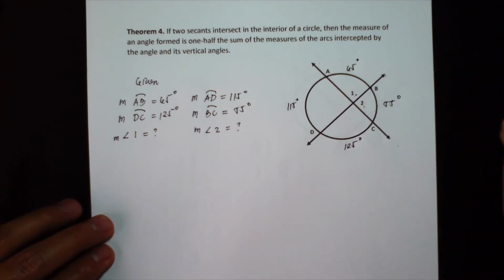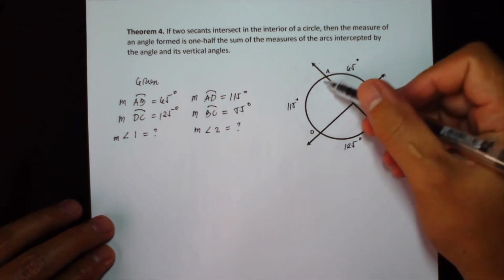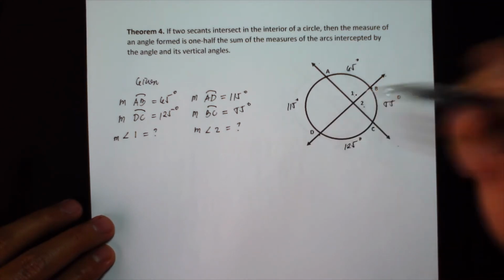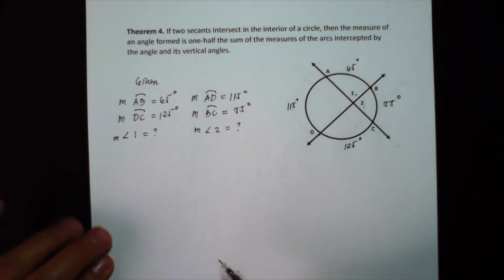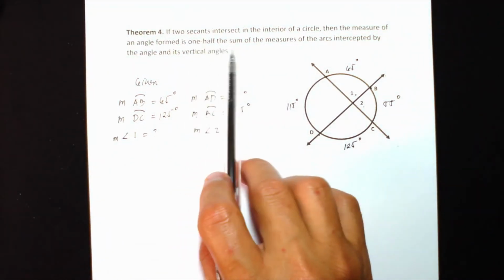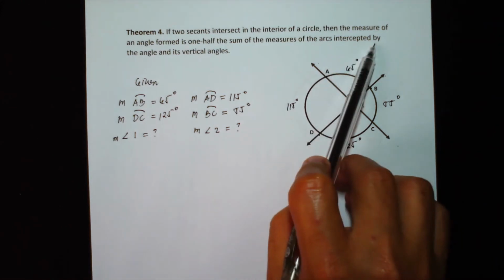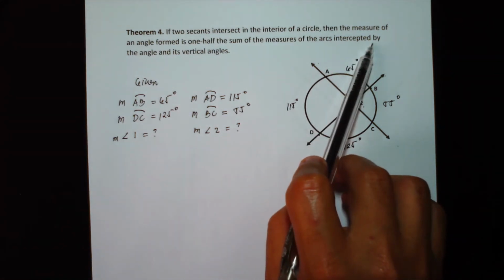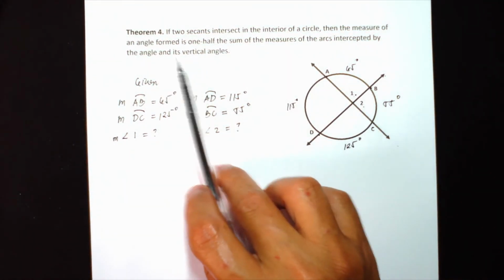For angle 2, the intercepted arcs are arc BC and arc AD. Can you follow? Let's focus on angle 1. Based on the theorem, the angle and its vertical angle equal one half the sum of the intercepted arcs.